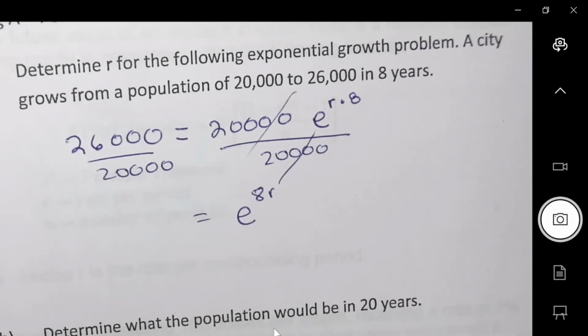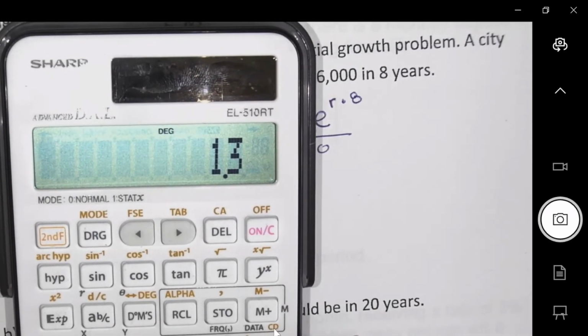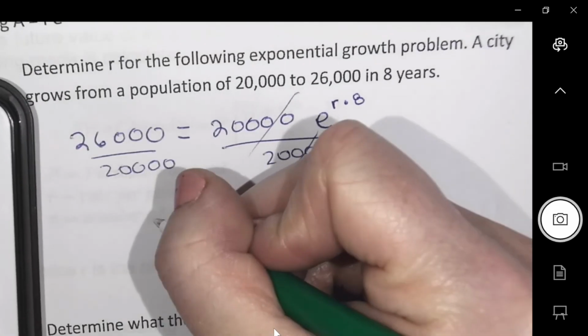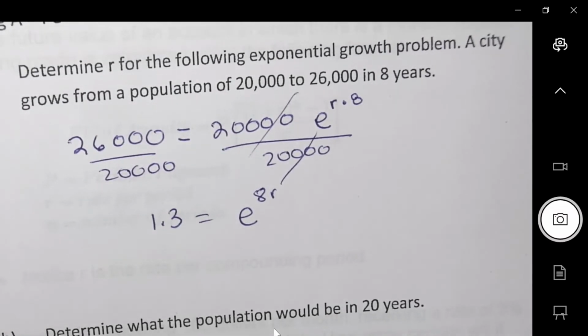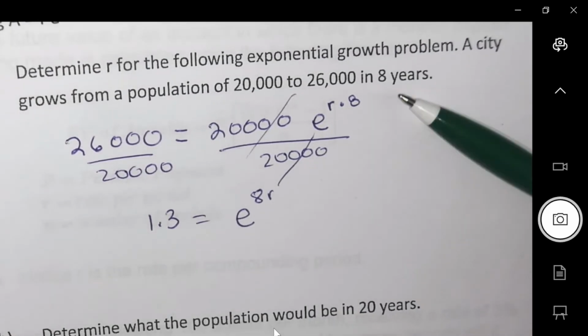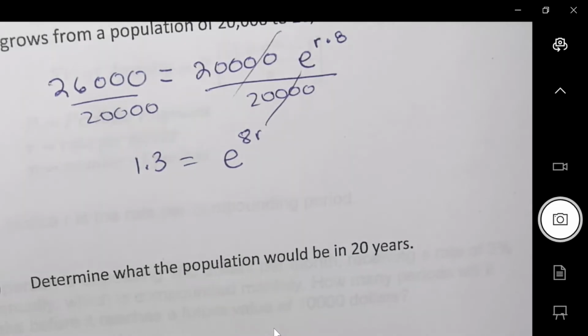If this number is rounded or exact, I'm going to go with it. It's 1.3. If it is not, I can't do decimals rounding there. I would just leave it 26 over 20 or something like that. Okay, now what? I want to start thinking about the r now.